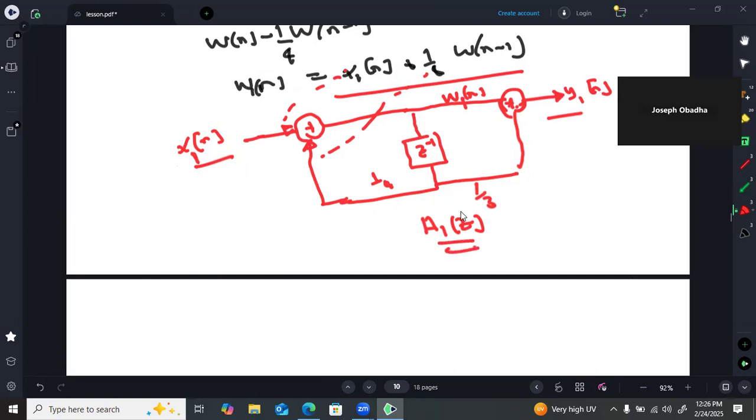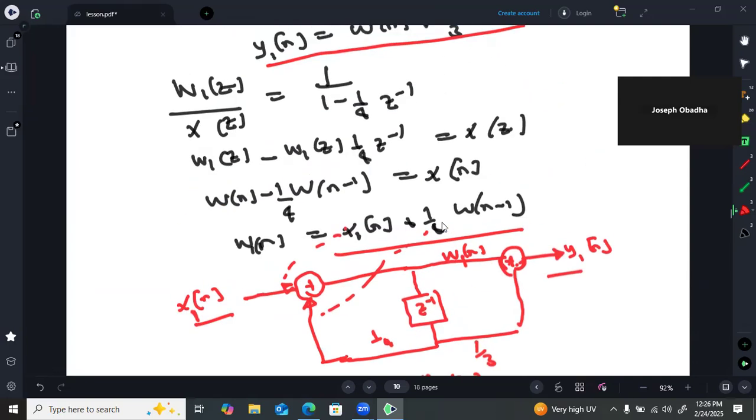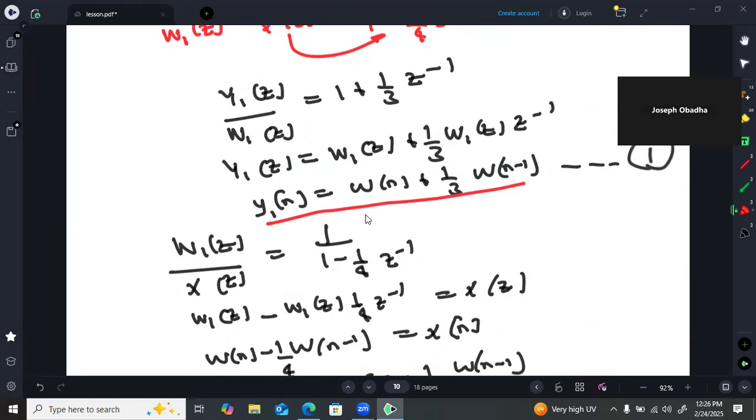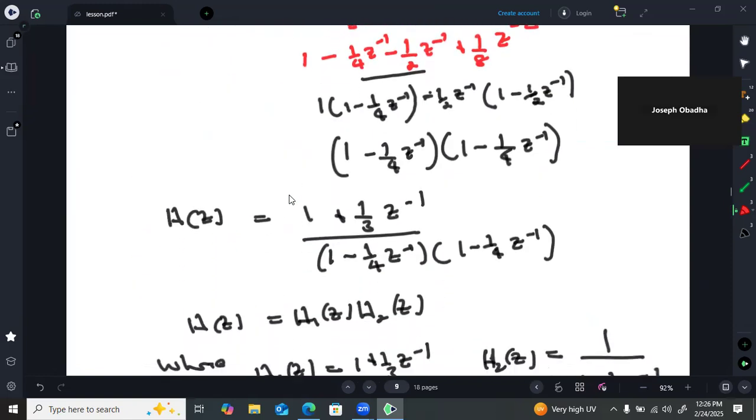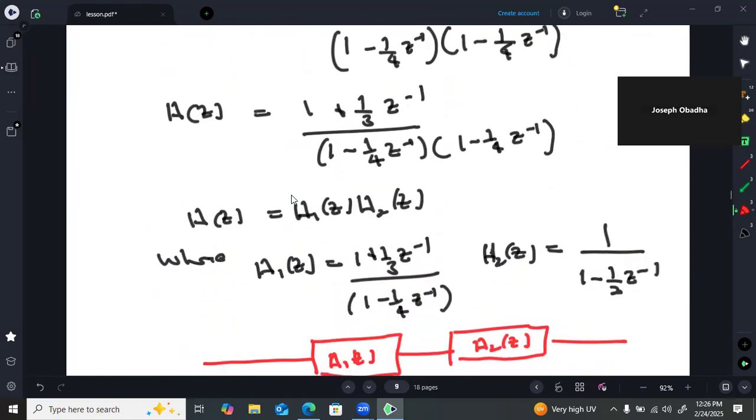Then now let's look at the implementation of H2(z). Here our H2(z).